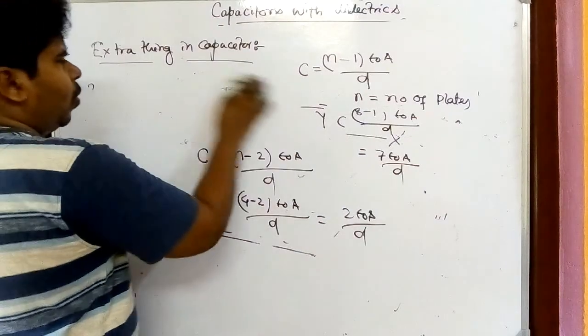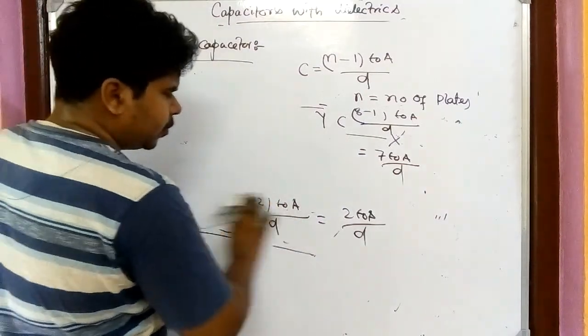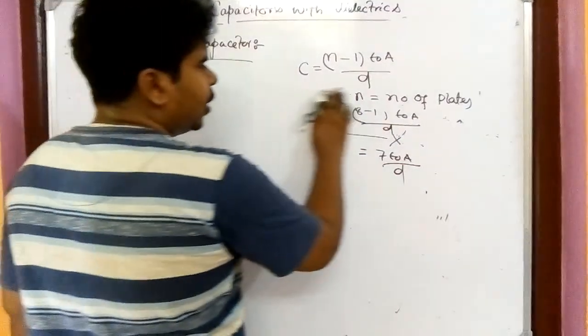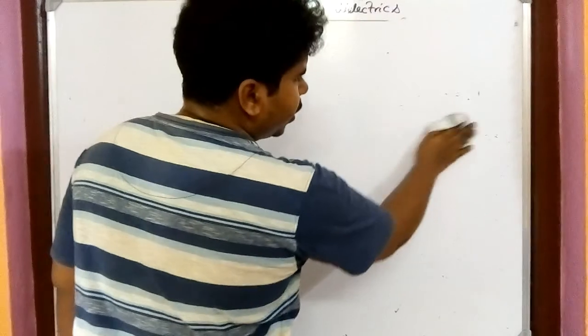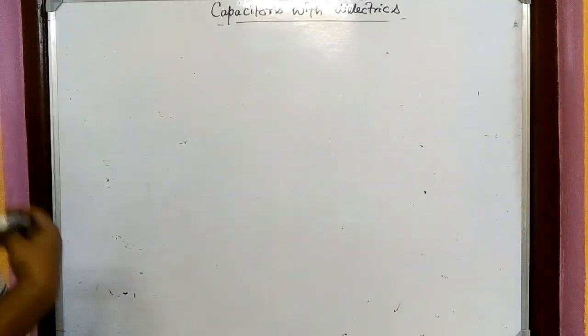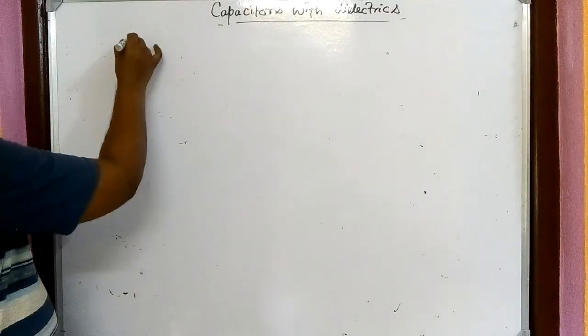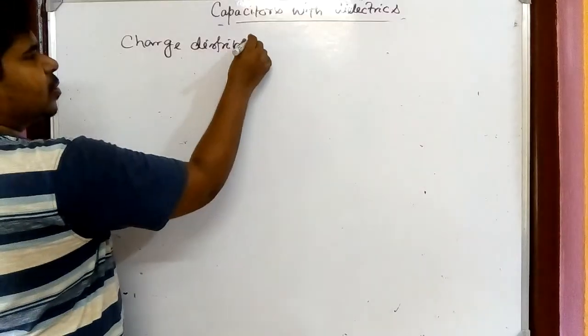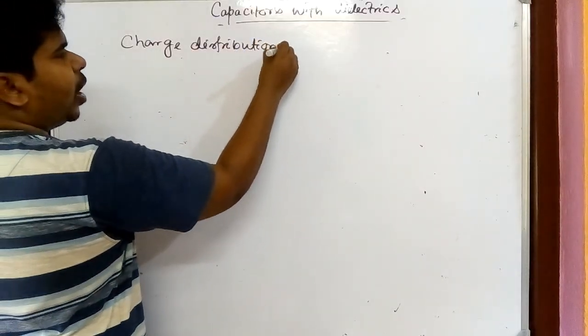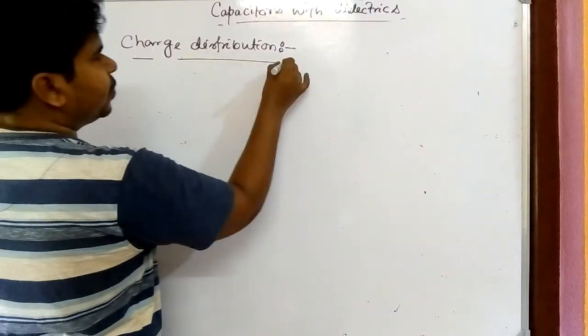Next we'll go for a smaller thing, that is charge distribution. Though I'm telling you it is not a very important thing, but then also we have to see charge distribution.